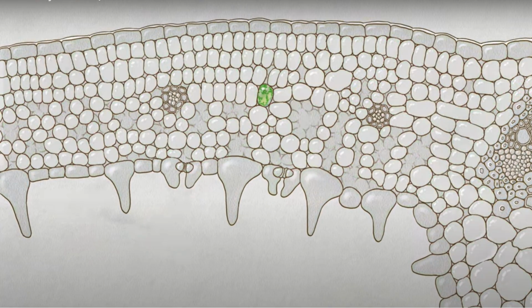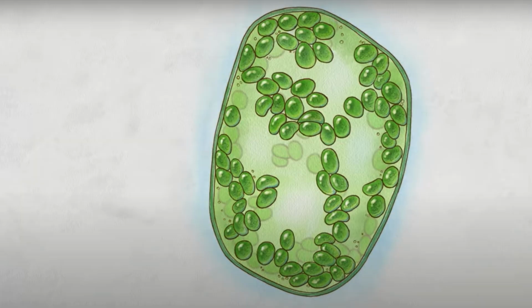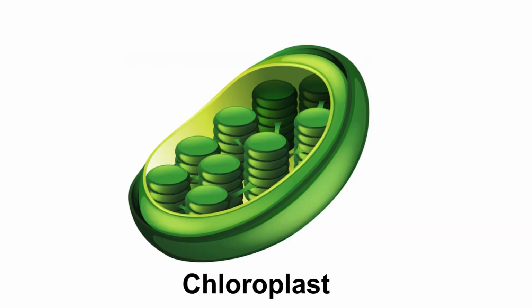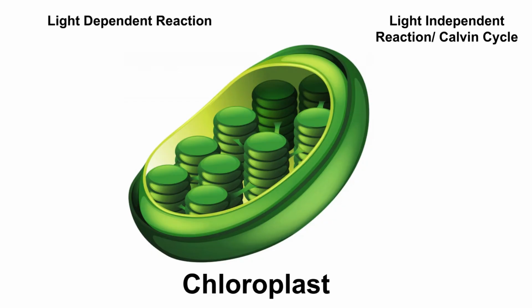Let's take a closer look at the chloroplast, the organelle where photosynthesis takes place. We know that photosynthesis occurs in two main stages, the light reactions and the Calvin cycle. These two processes take place in different regions of the chloroplast.